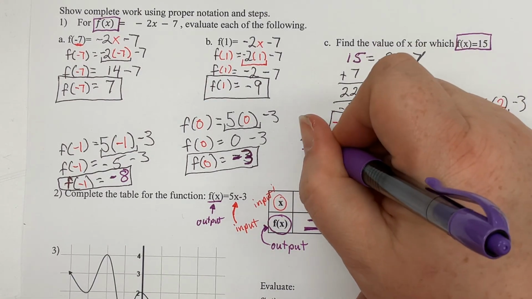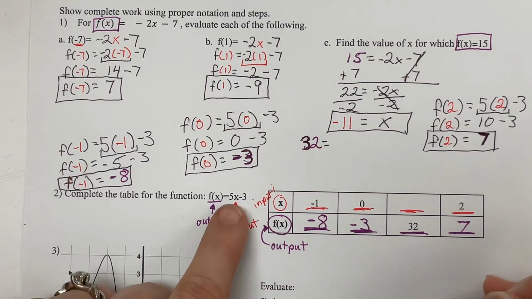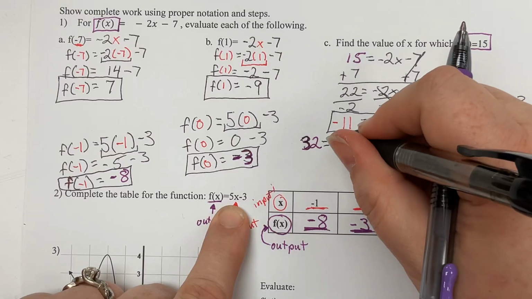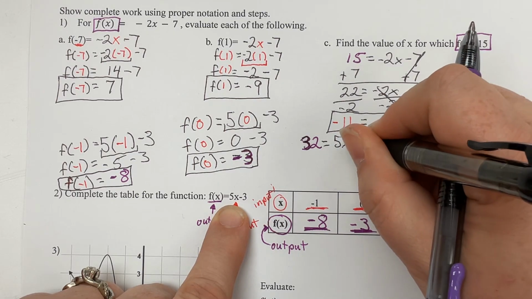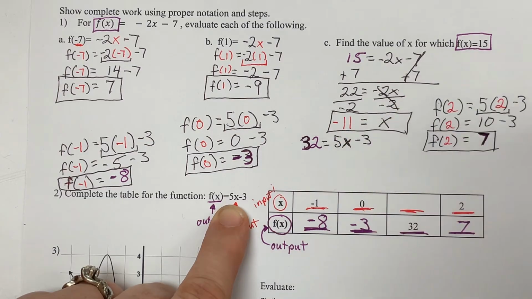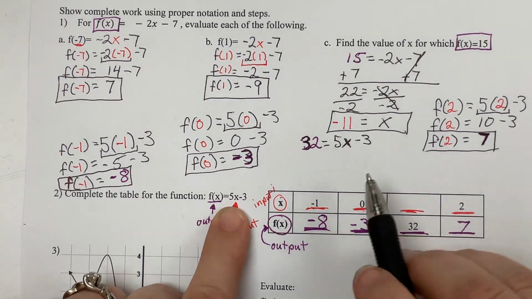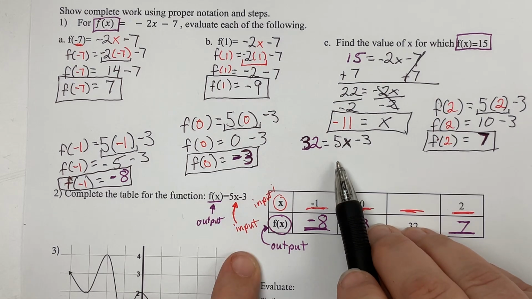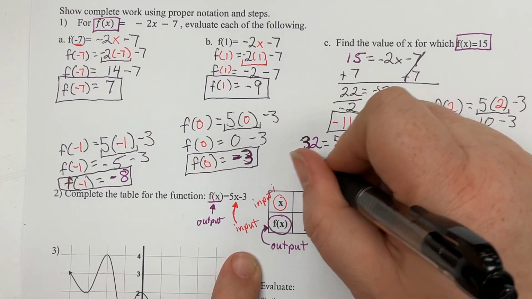Bad teacher, no donut. 32 equals, and then what's our problem? 5x minus 3. It's a bad x, you guys. Okay, how do I solve my equation? What do I do? First I undo the 3. Plus 3 to both sides.